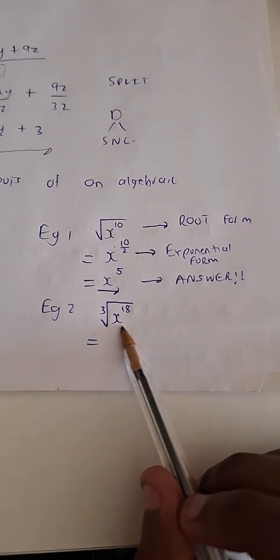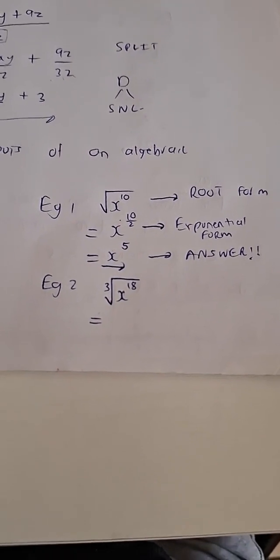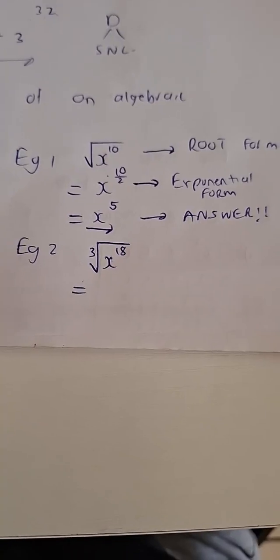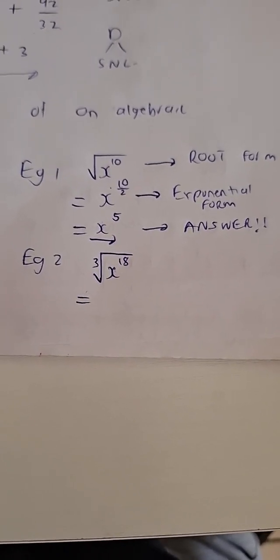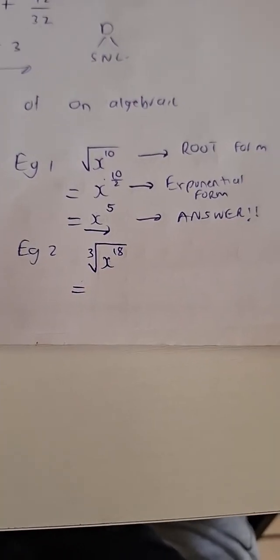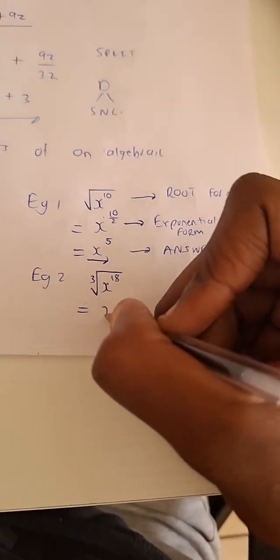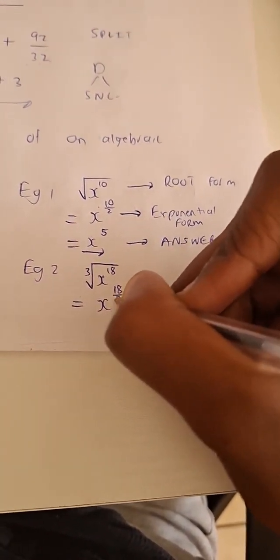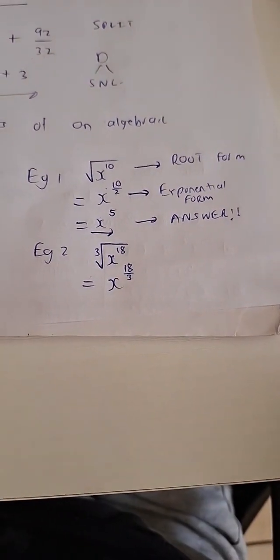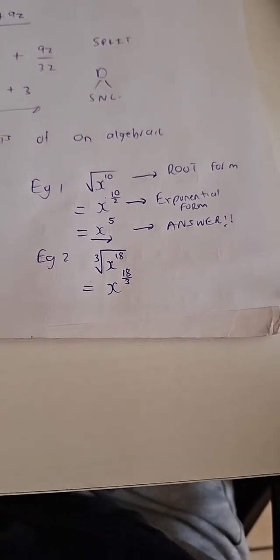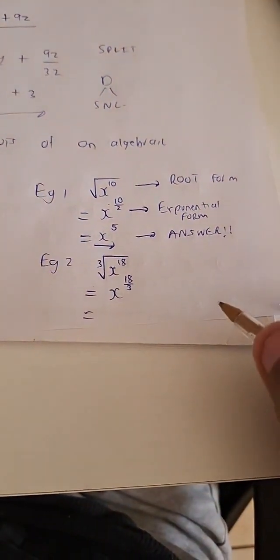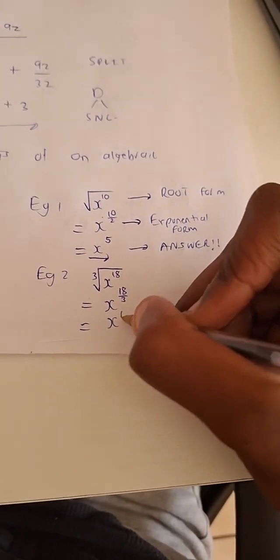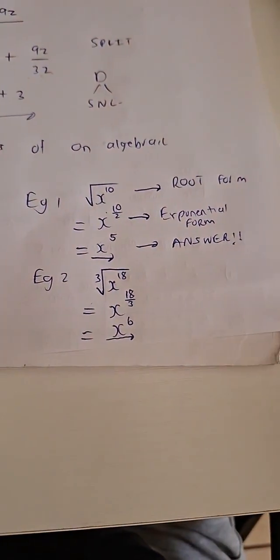So the cube root of x to the power 18 will give us x to the power 18 over 3 indeed. Then when we simplify, yes, as you said, it's x to the power 6.